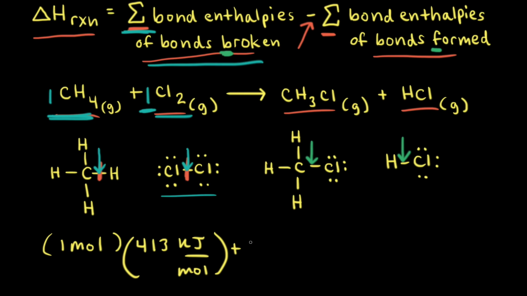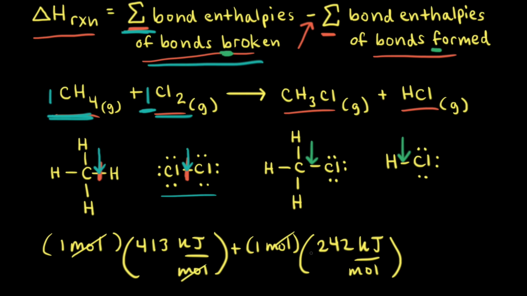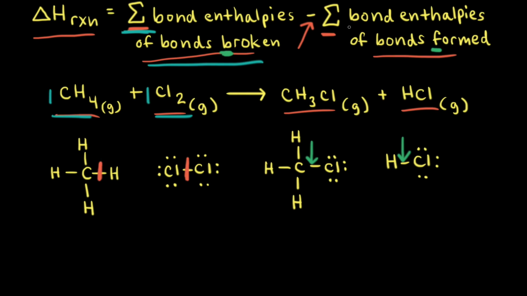So to this, we're going to add 1 mole of chlorine-chlorine single bonds. And the bond enthalpy for a chlorine-chlorine single bond is 242 kilojoules per mole. Moles cancel out, and we get that the sum of the bond enthalpies of the bonds broken is equal to 655 kilojoules. Next, we need to sum the bond enthalpies of the bonds formed.